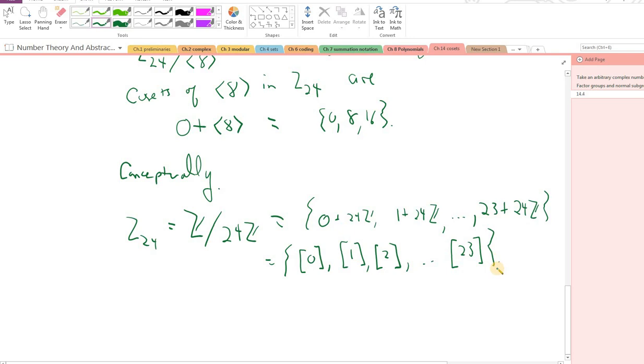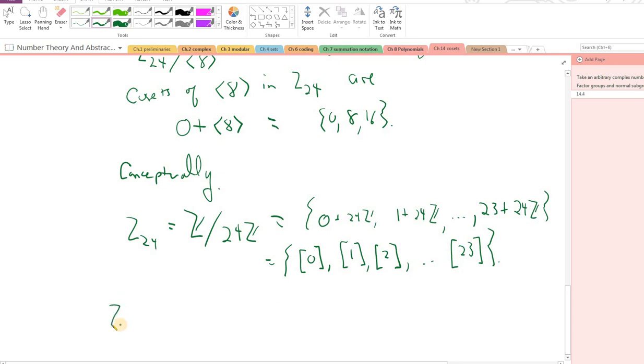So what we were doing before was using the symbols 0, 1, 2, 3, etc., and defining a new operation on them. That's what we did in chapter 2. We used the circle plus operation. But now we're saying, instead of defining some new operation out of nowhere, we're going to use the operation of set addition.